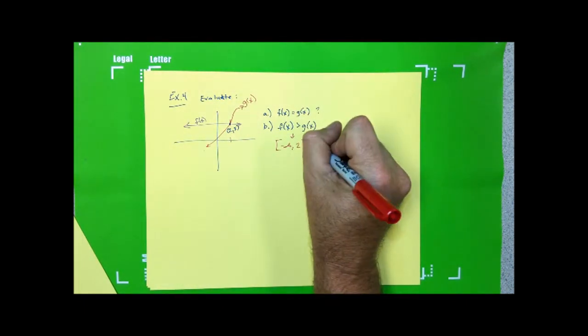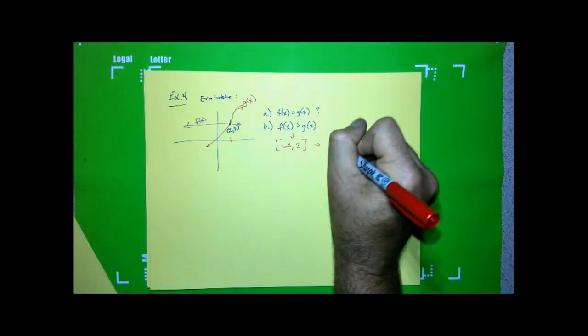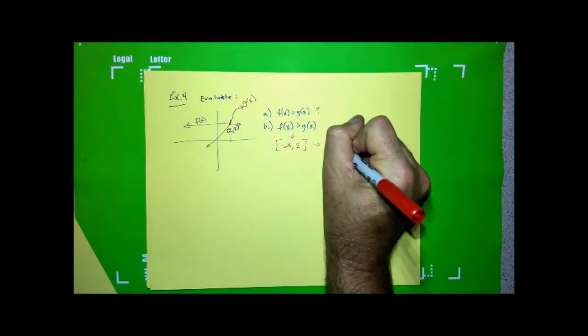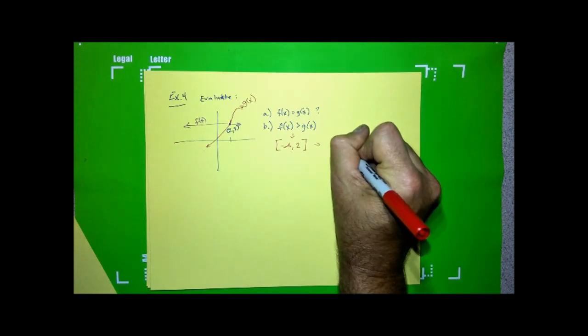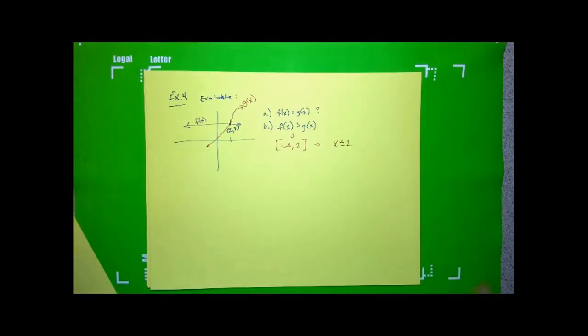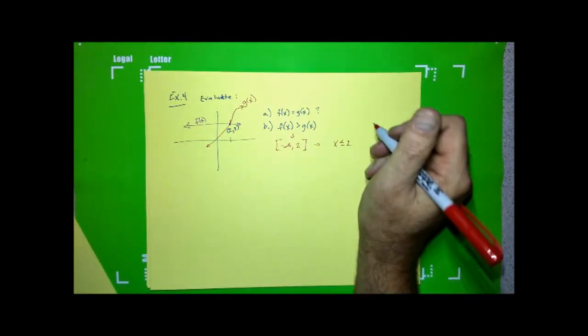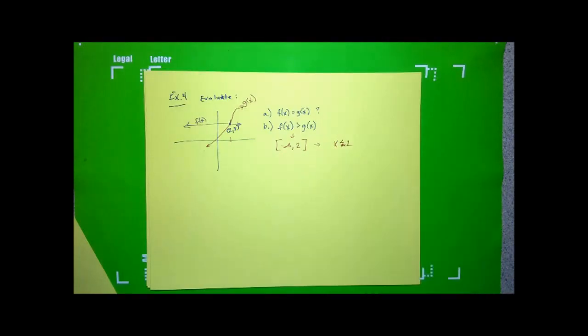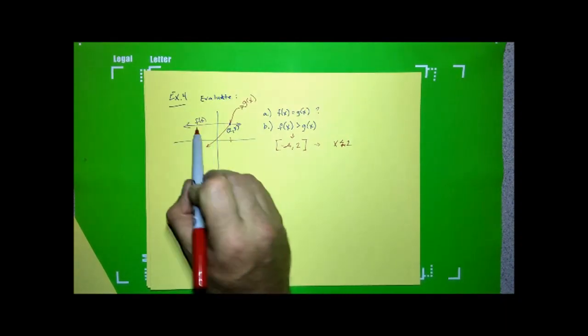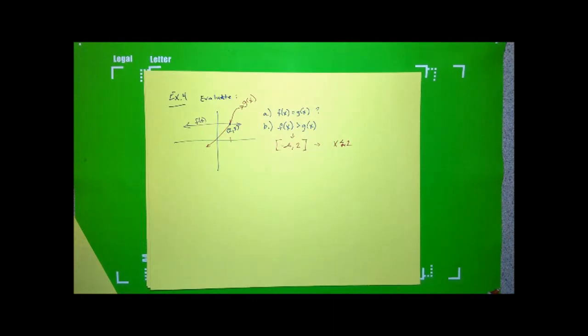I can say this a different way, certainly. I can also say that this will occur when x is less than or equal to 2, if that's the case. Actually, less than 2, because when it is 2, they're equal to each other. So when x is less than 2, this is where that occurs, because f is bigger than g for all values when x is less than 2.